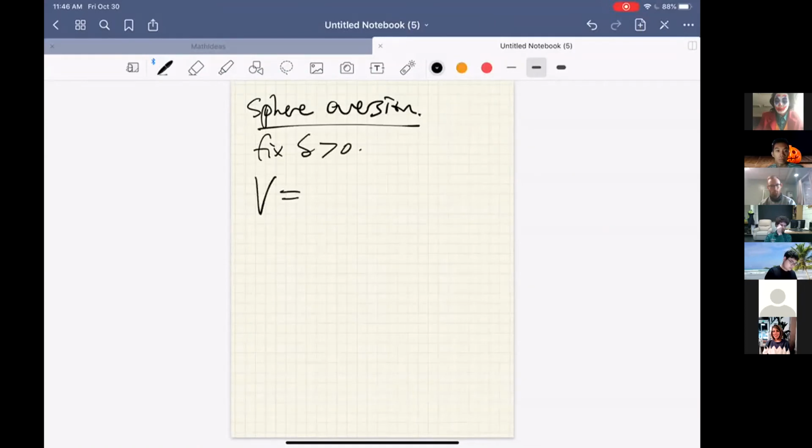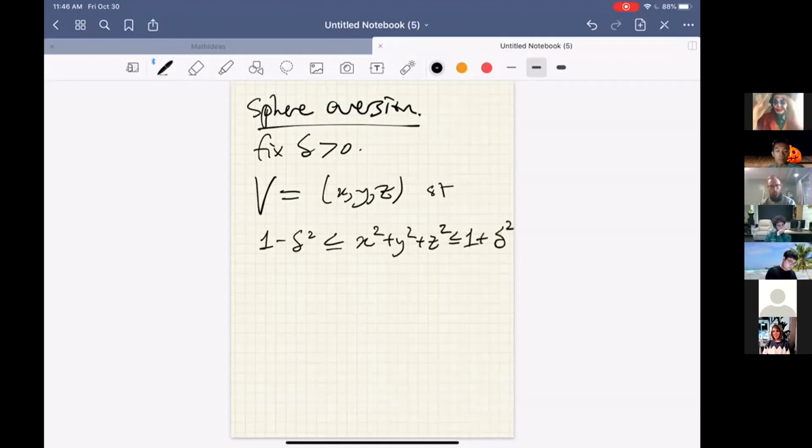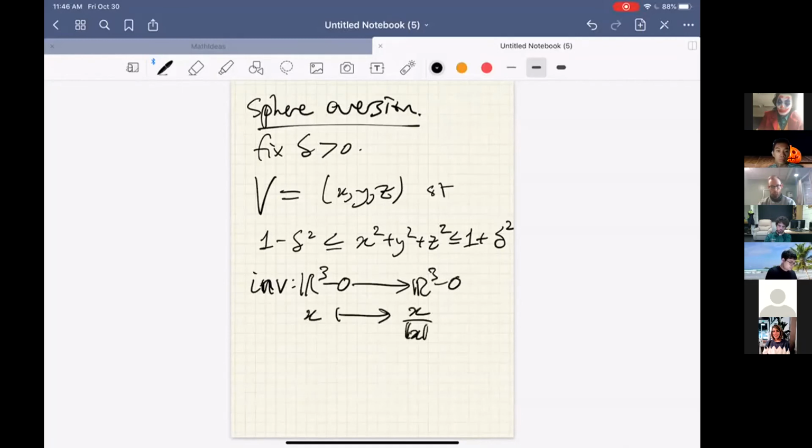So it's all the XYZ such that it's between these two guys. Right, it's the two sphere, and then I made the shell a little thicker. Call I_nv the inversion map. This just takes a point and sends it to its inverse.